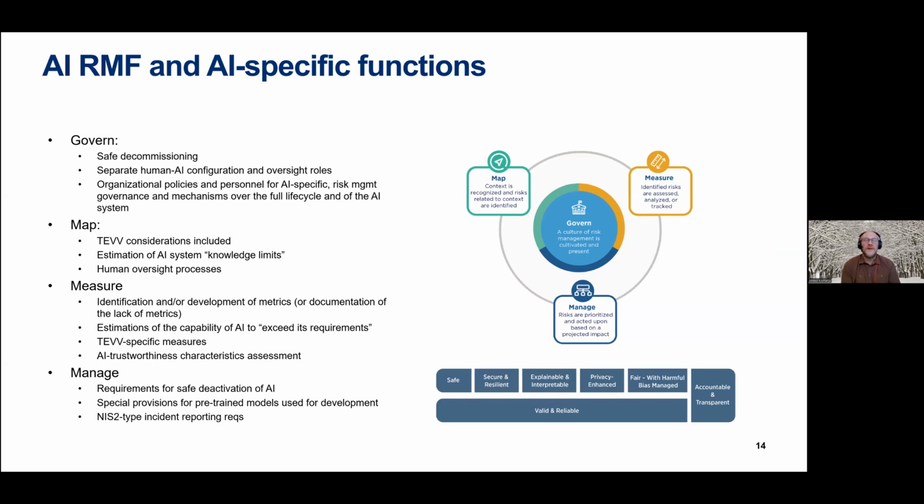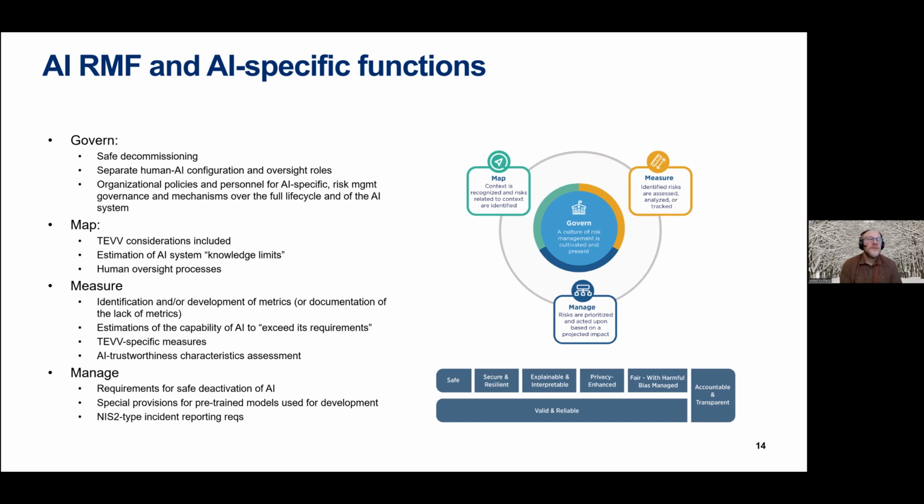It should be both valid and reliable, and from that you can have additional requirements to make it safe, secure, resilient, etc. But those 2 definitions are the basic ones that need to be fulfilled before you can give the AI other nice properties. Accountability and transparency are kind of vertical, so they apply to all of these attributes.